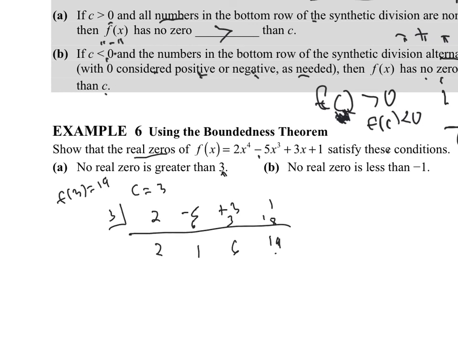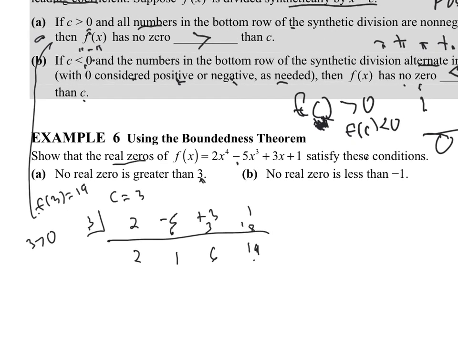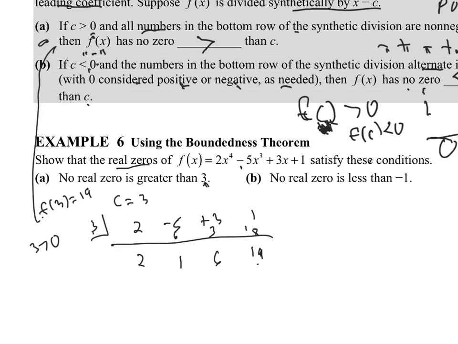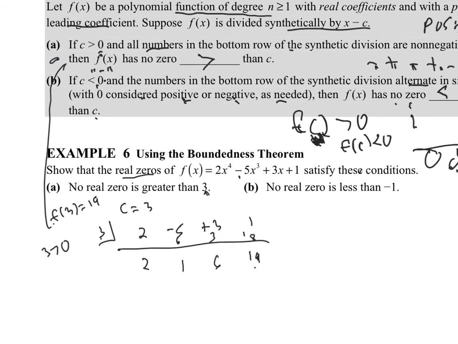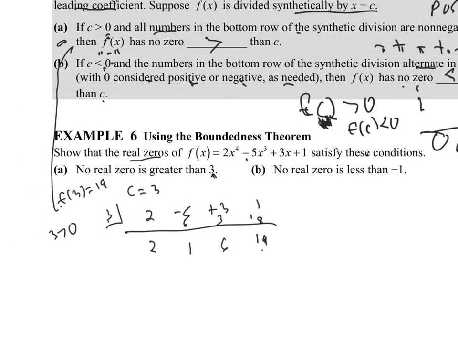But it doesn't really matter because all I'm checking for is the first thing. If c is greater than 0, positive, that's what it means. That's a 3. 3 is greater than 0, so I'm using this one here, okay? And let's look at the bottom row. If they are all non-negative, okay, so that means 0 is not negative, so it could have been a 0.